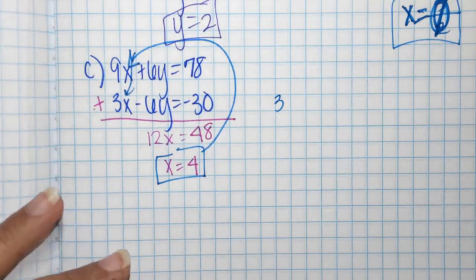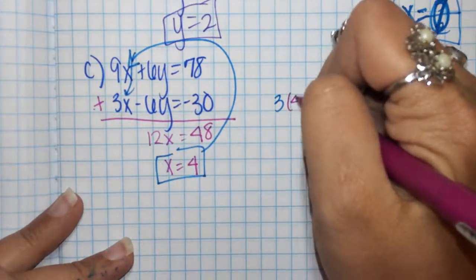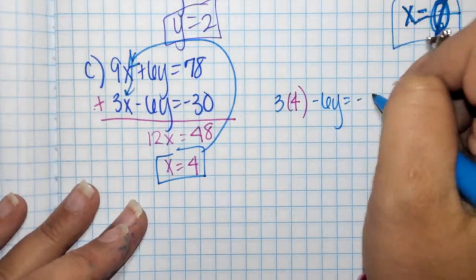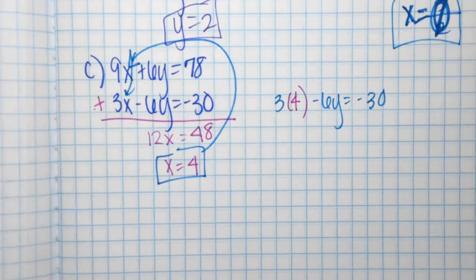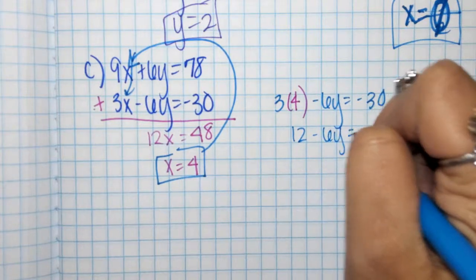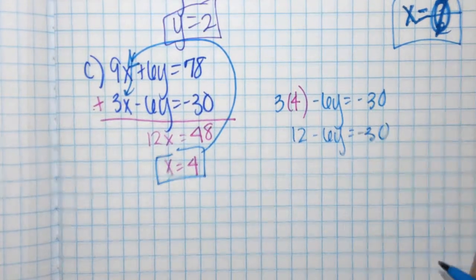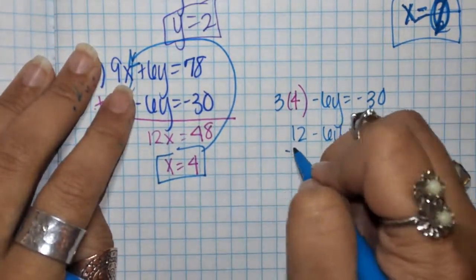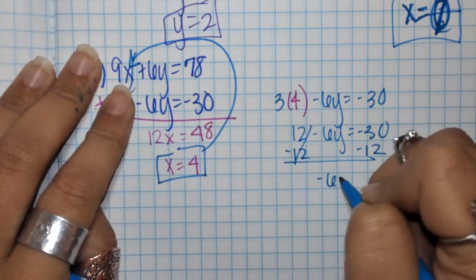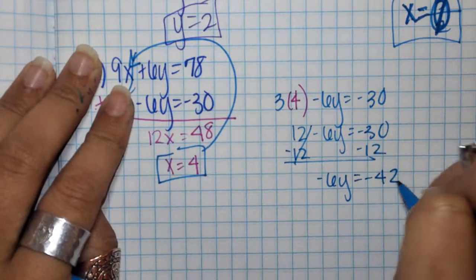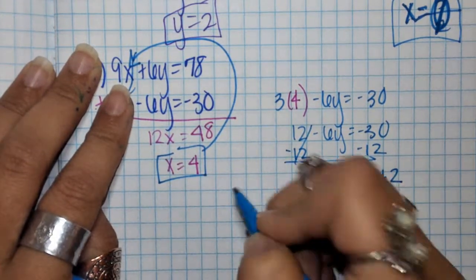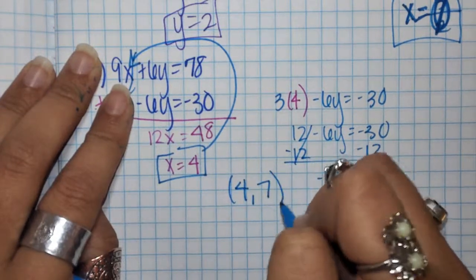So that's 3 times 4 minus 6y equals negative 42. 3 times 4 is 12. Then we subtract 12, right? So negative 6y equals negative 42. Divide by negative 6, so y equals 7. So your answer is 4, 7.